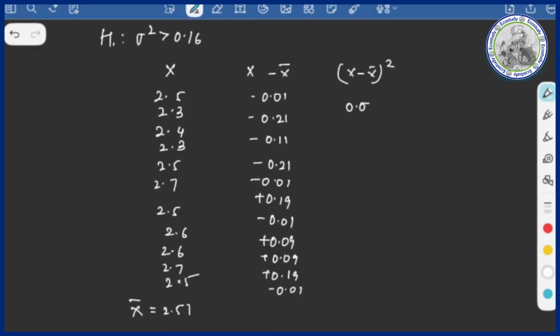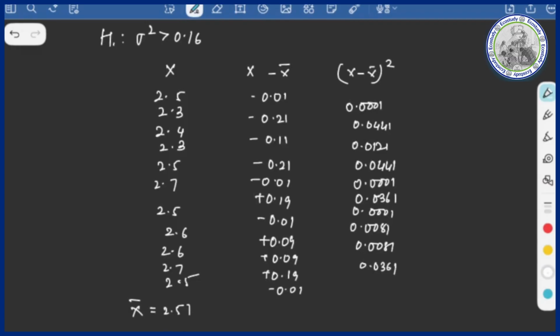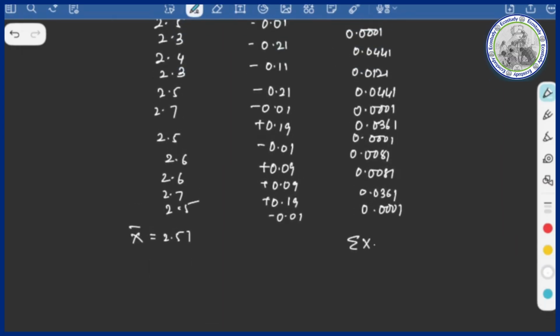Take the square: 0.0001, 0.0441, 0.0121, 0.0441, 0.0001, 0.0361, 0.0001, 0.0081, 0.0081, 0.0361, 0.0001. And the sum of (x minus x bar) square is 0.1891.